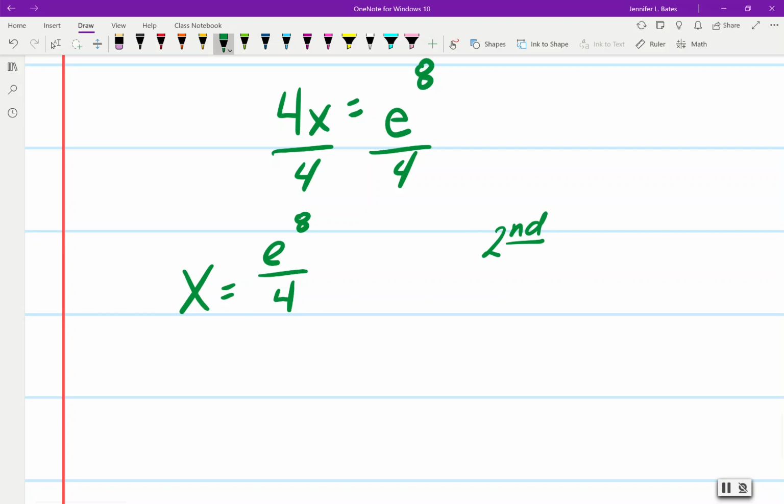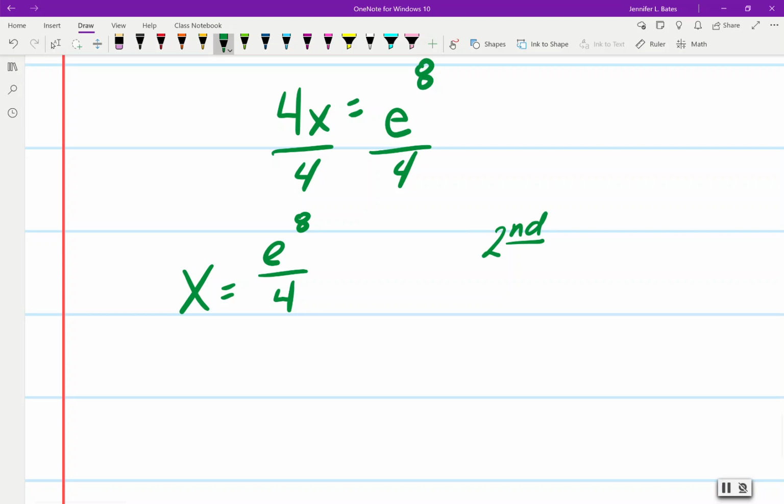That blue second key gives us access to all the blue stuff written in between the buttons. So we're hitting the second key, and then we're going to hit the LN button, because right above it written in blue is e to the x. So that will give us e.